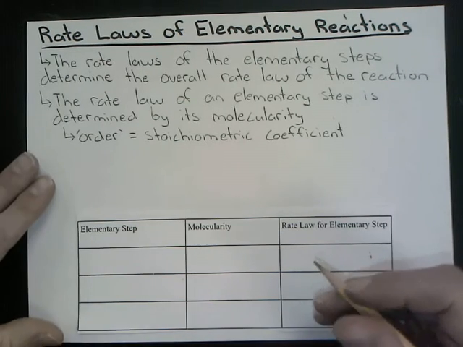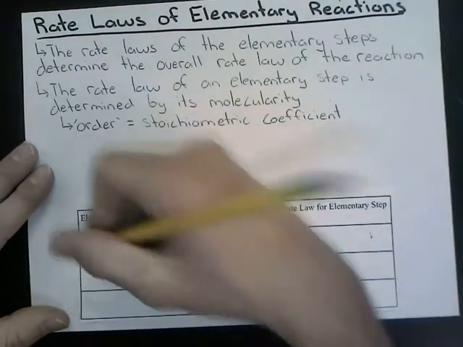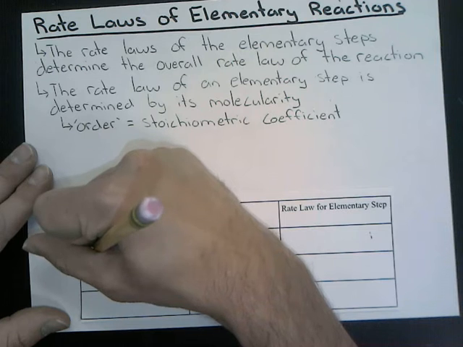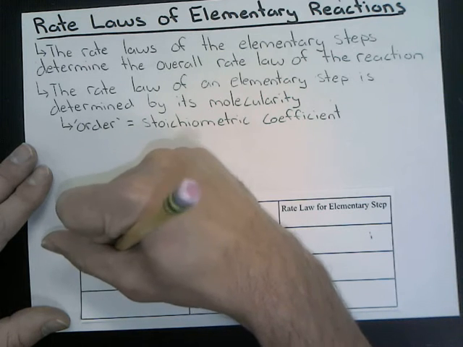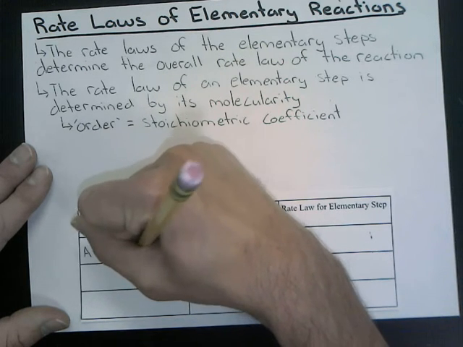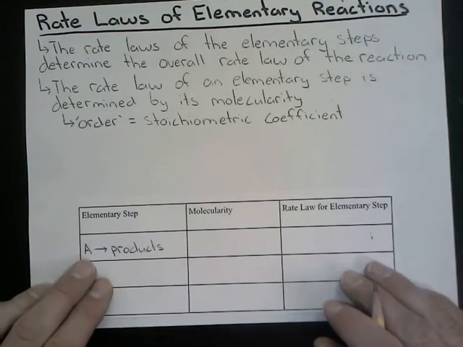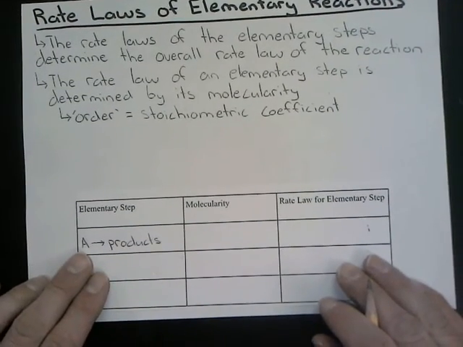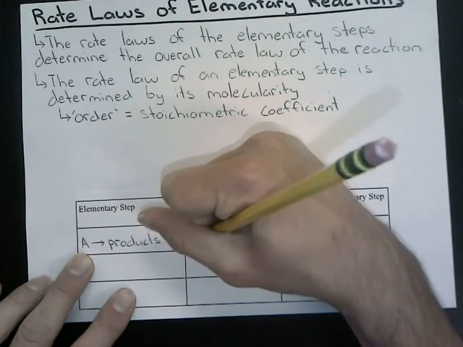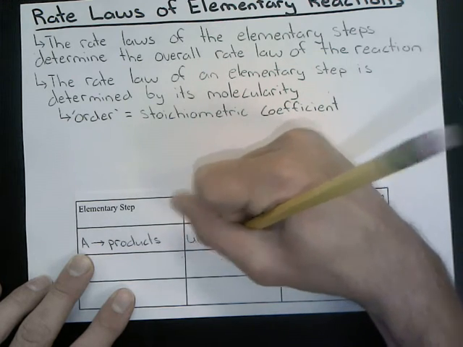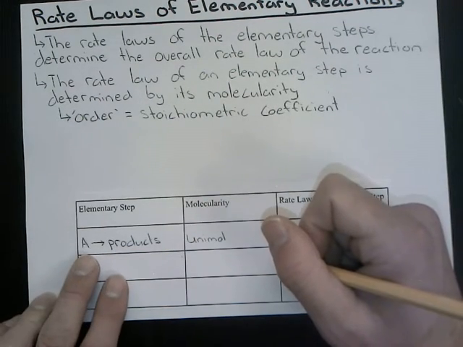Let's say we have some generic reactant A, and A by itself is going to decompose and produce these particular products. The molecularity of this step would be unimolecular, because it only involves one reactant.